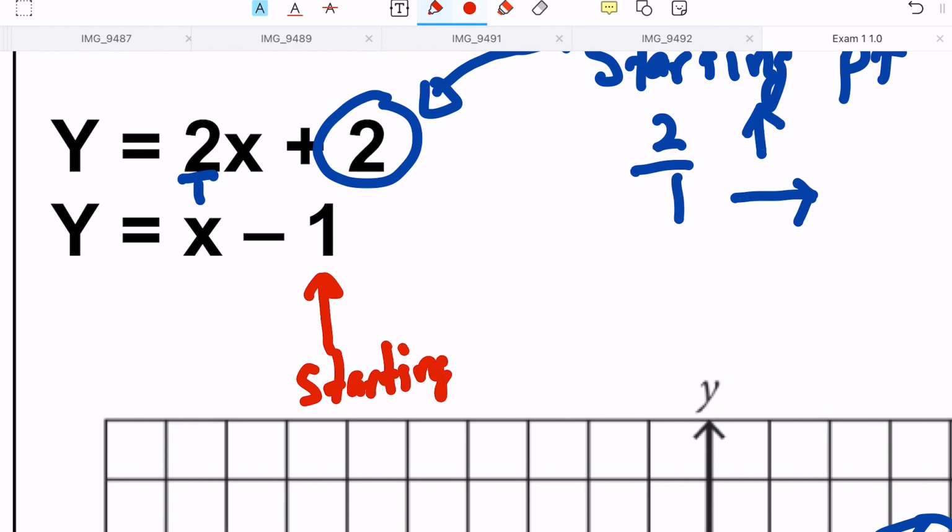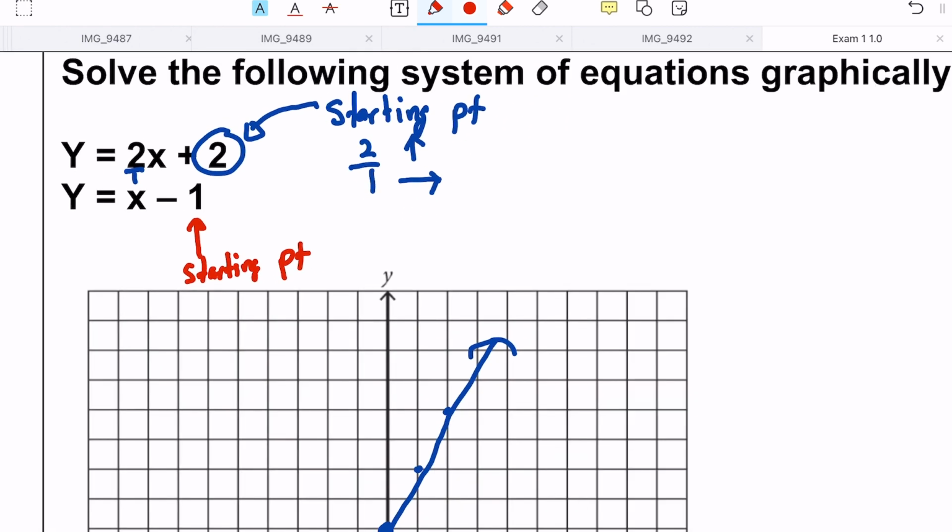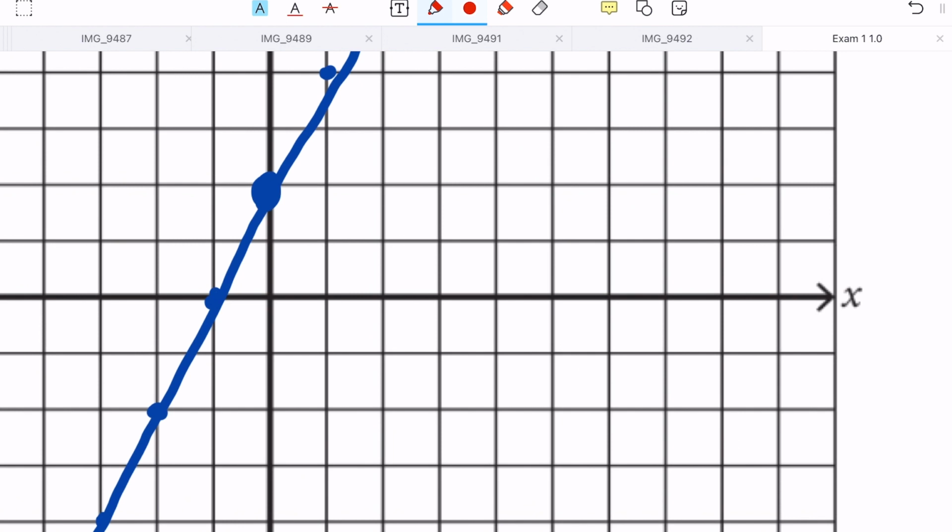All right. Okay, starting point. What's my starting point here, Lynn? Right, the y-intercept, right? Where am I going to start?